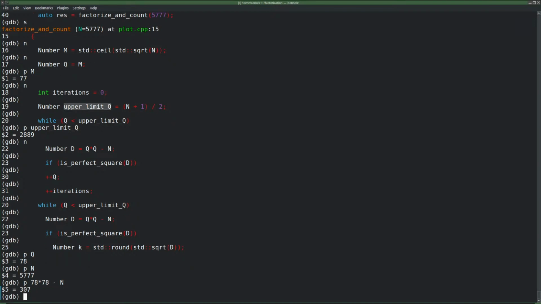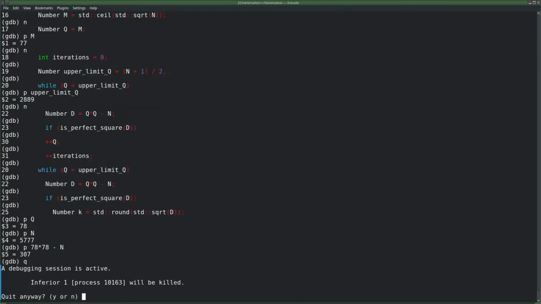Since when is 307 a square? So my perfect square function is wrong.